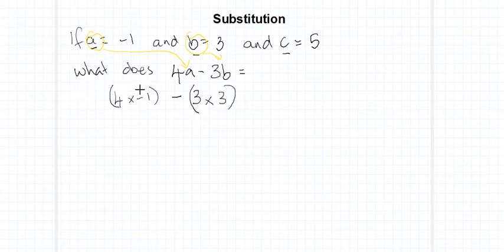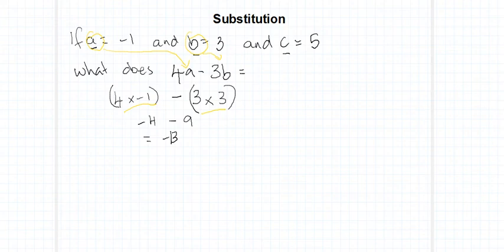So this is the 4A, which I'm underlining here with yellow, and this is the 3B, and now we work those out. So we say 4 times -1, well that's -4, minus 3 times 3 is 9, so minus 4 minus 9 equals -13. So that's what that would equal. So that's a form of substitution.